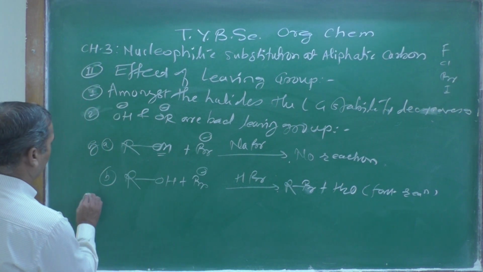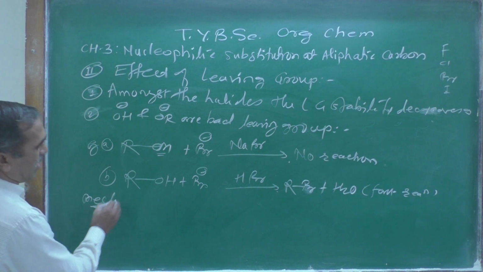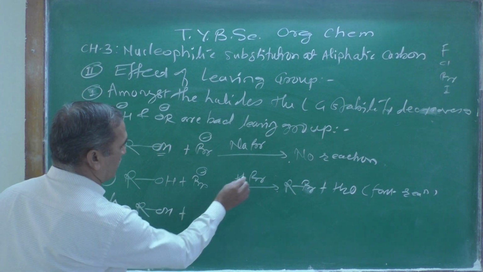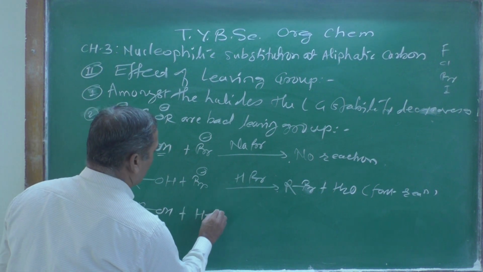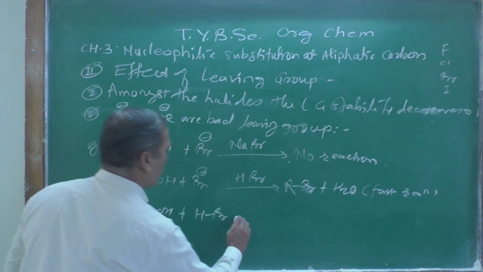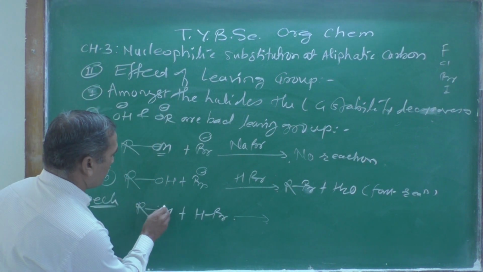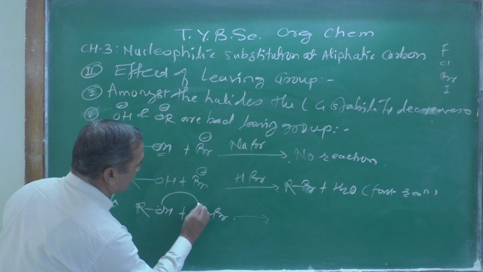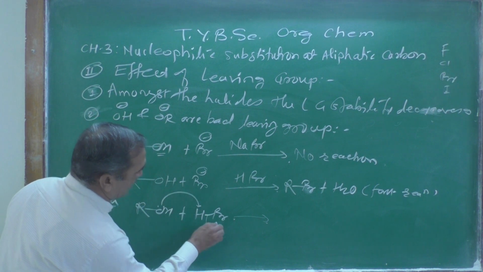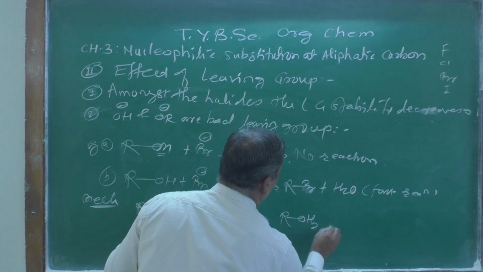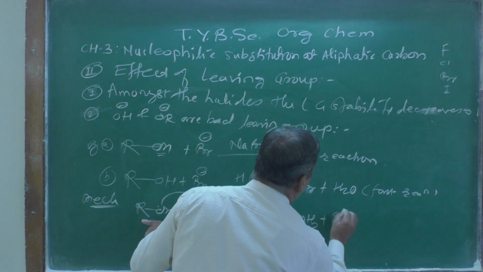Let us look at the mechanism. Why is this happening? Now ROH will be treated with HBr. The OH gets protonated by picking up a proton, and you are going to get ROH2 plus and Br minus.